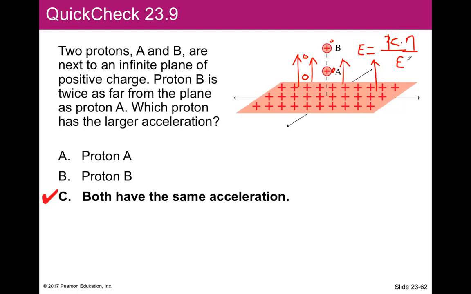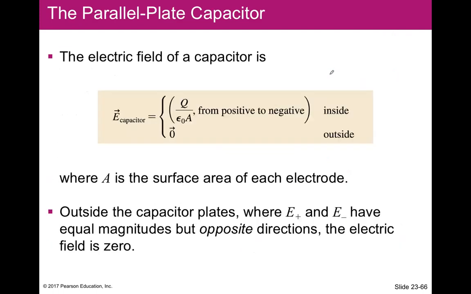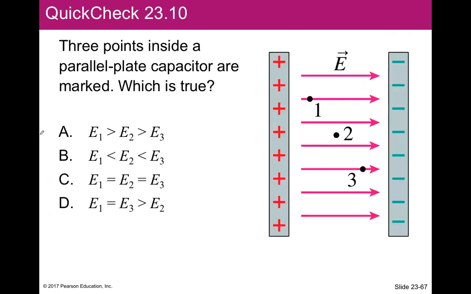So it's independent of the distance between the point and the plane. So here, which position has the strongest electric field? Which one? C. Again, parallel field lines means the strength is the same at any position.